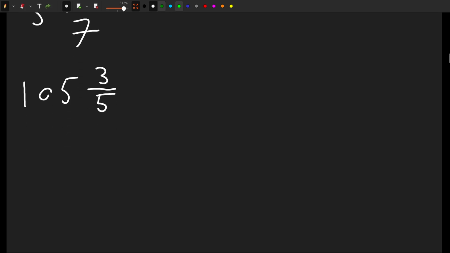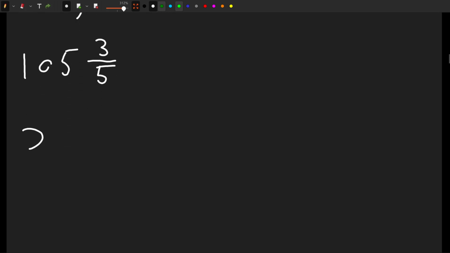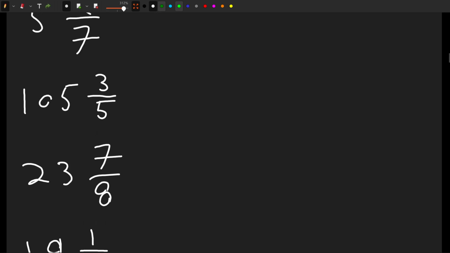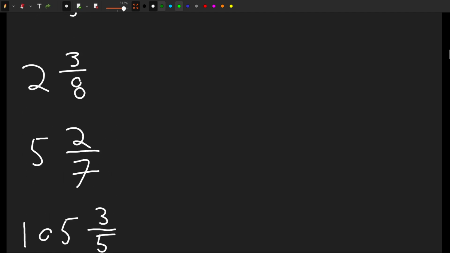The next problem after that will be 23 7/8. And the last problem will be 19 1/8. Okay. So if you want to work these out ahead of time, you can. But I'll start at the beginning.